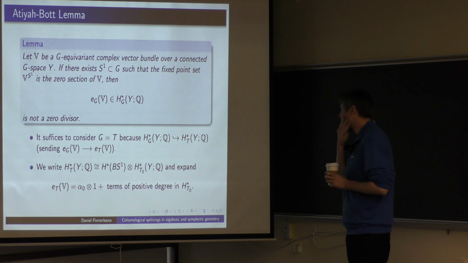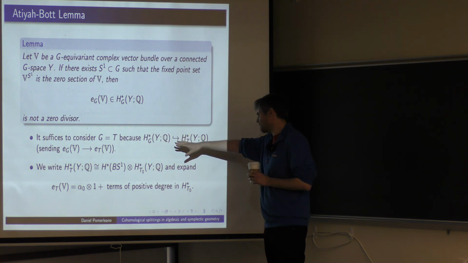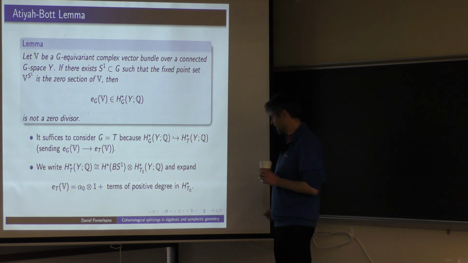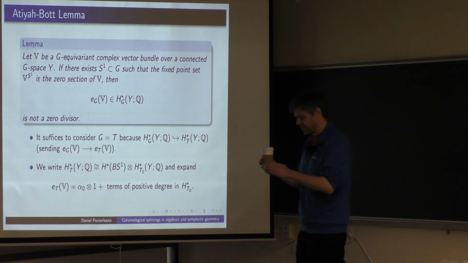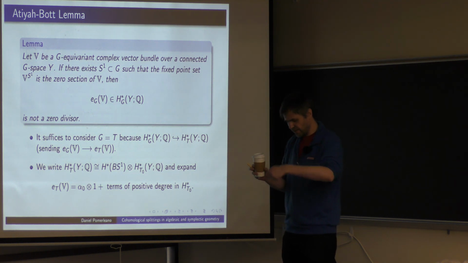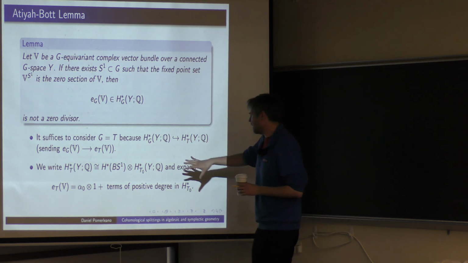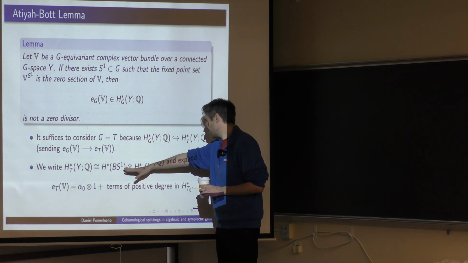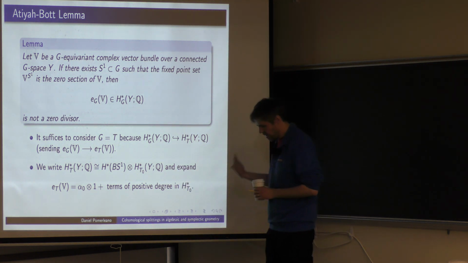Well, because rationally, if you have a non-abelian group, the G equivariant cohomology embeds into the T equivariant cohomology. And then you can imagine you take your torus and split it into your distinguished S1 and some complementary torus, and you can write the cohomology as the cohomology of the classifying space BS1 tensored with the equivariant cohomology of the remaining subtorus.